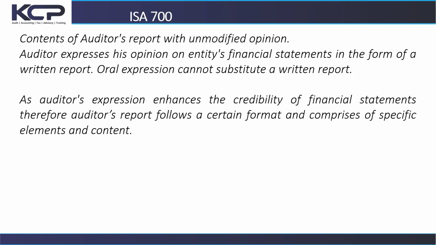So we need to be diligent and careful in confirming that what we have disclosed therein and the evidence we have obtained are in consonance with our positions and our findings. So what are those things you should see when you see an unmodified opinion?